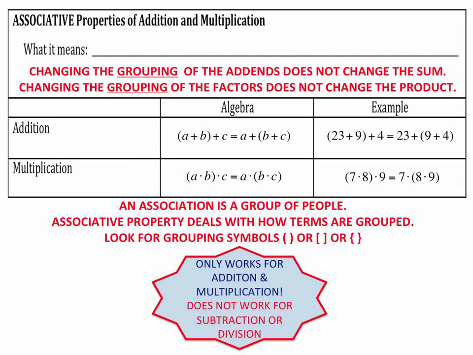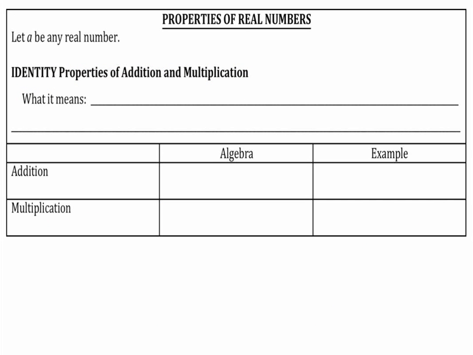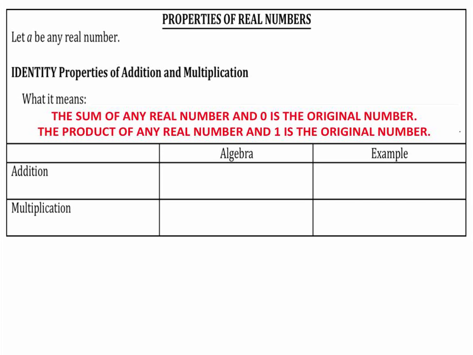All right, moving forward, those are the big two. There are some other ones that kind of make sense as we look at them. So the identity property. Identity is who you are. As you think of the identity property of addition, the sum of any number and 0 is just the number. And the product of any number and 1 is just the original number.